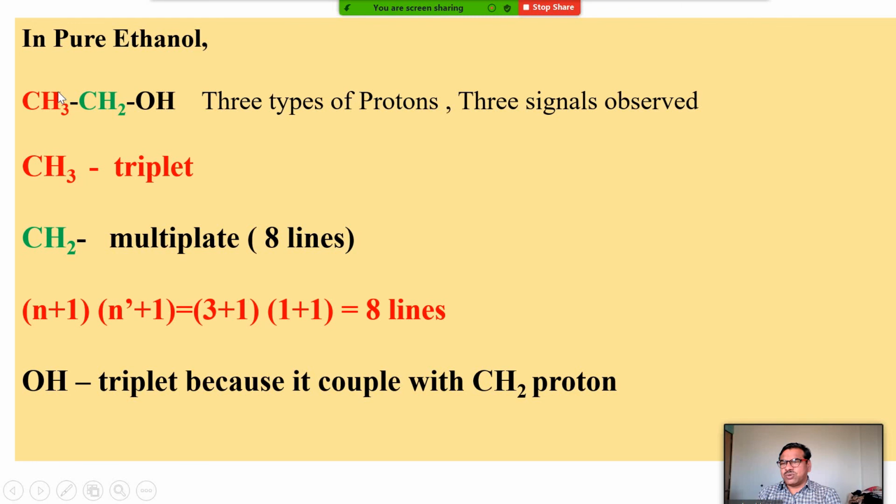They are the CH3 methyl, the CH2 methylene, and the OH. The 3 protons of the methyl are similar, the methylene has 2 protons that are similar, and oxygen has 1 type of proton. So 1, 2, 3. There are 3 different types of protons available.